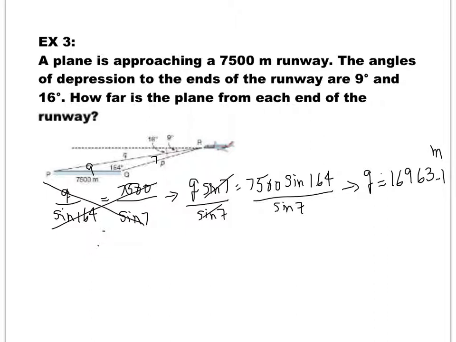I'm going to go ahead and do the same thing for side P. I'm going to write P divided by sine of the angle in front of it, which is sine 9, is equal to 7500 divided by sine 7.